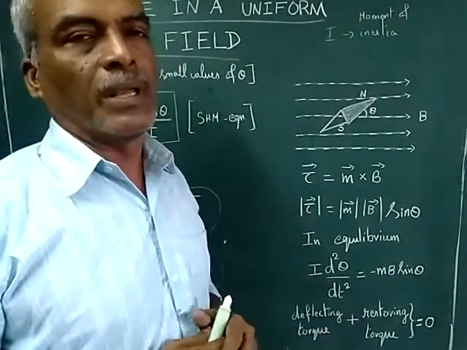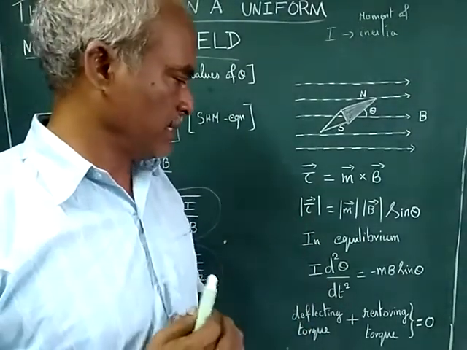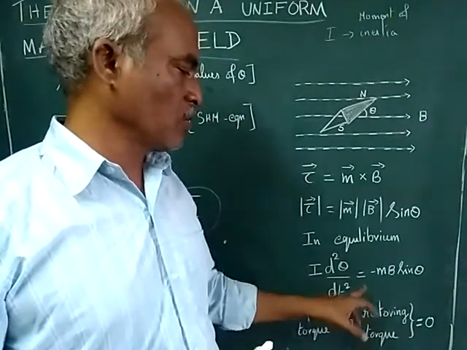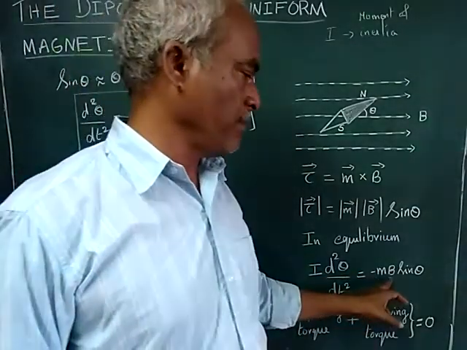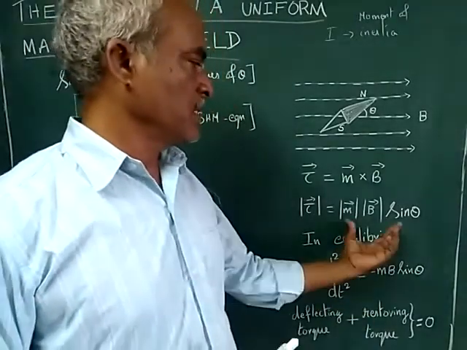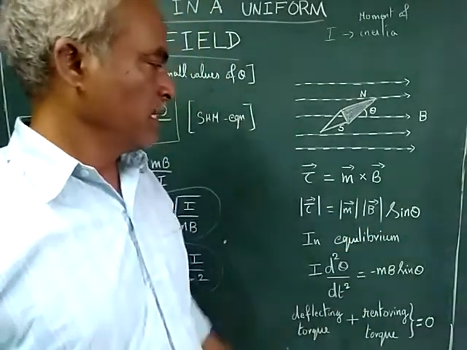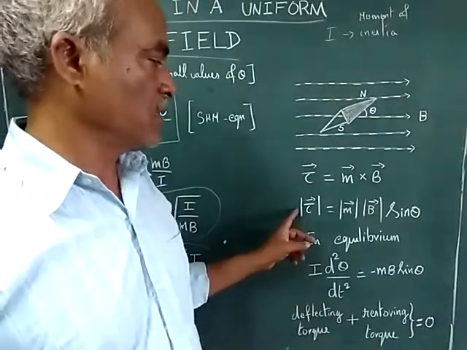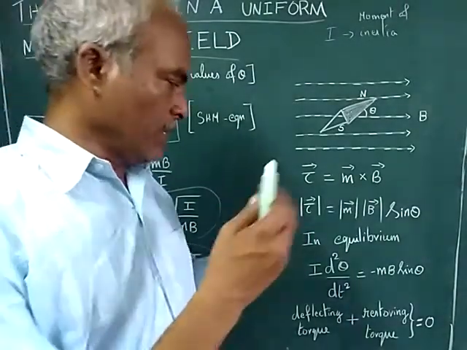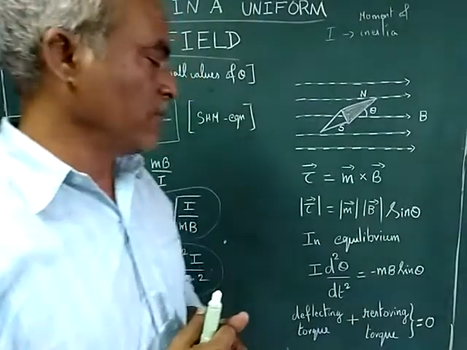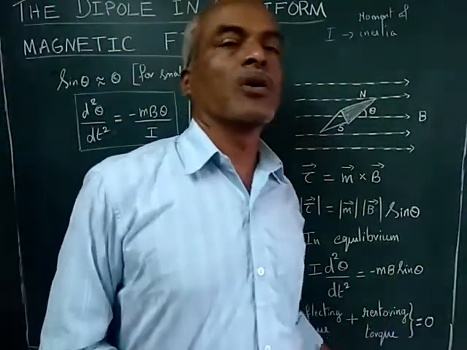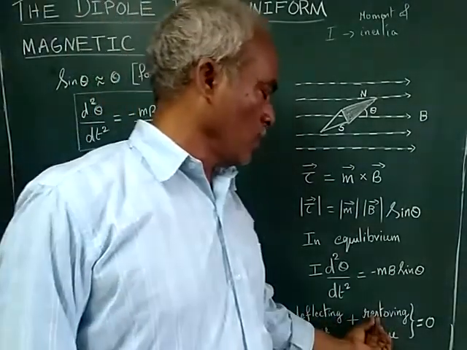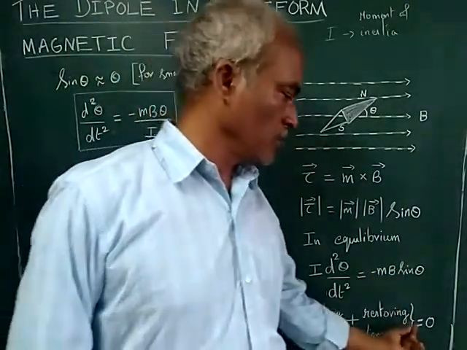So in equilibrium, I d square theta by dt square is equal to minus mB sin theta. This mB sin theta is nothing but the deflecting torque, that is tau. To counterbalance, we have to produce a restoring torque, then only it will be stable. If you add both the torques, you should get 0.